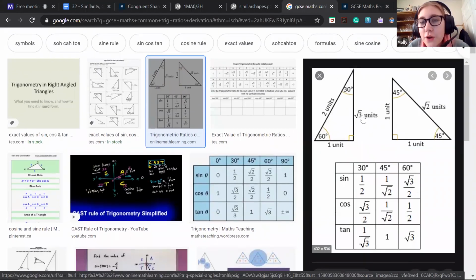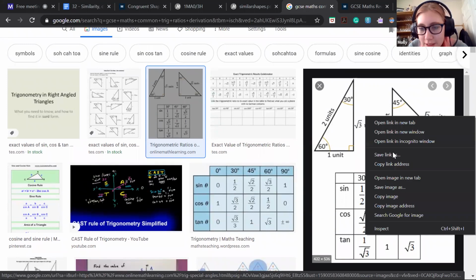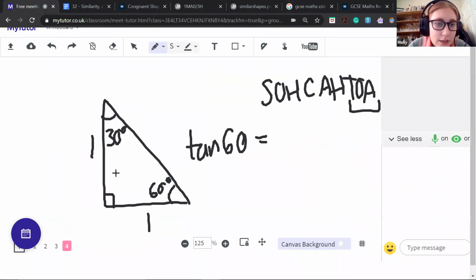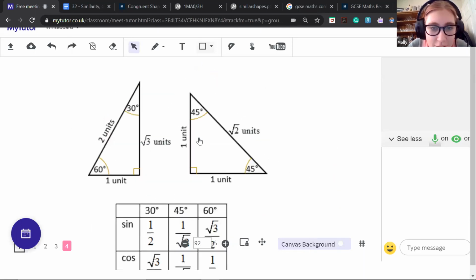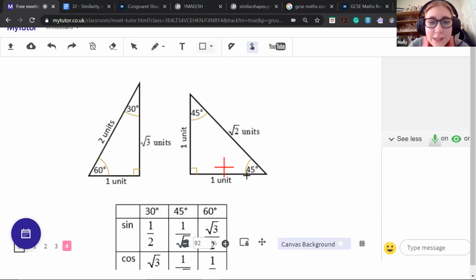You call it 1 and root 3, and this one 2. And then I'll just copy this photo and show you. If you just think about these triangles, sorry, it's 1 and 1 for 45. So when it's 45 degrees, you can call this 1 and 1. Of course, we can't call it 1 and 1 for the other one because it wasn't isosceles.